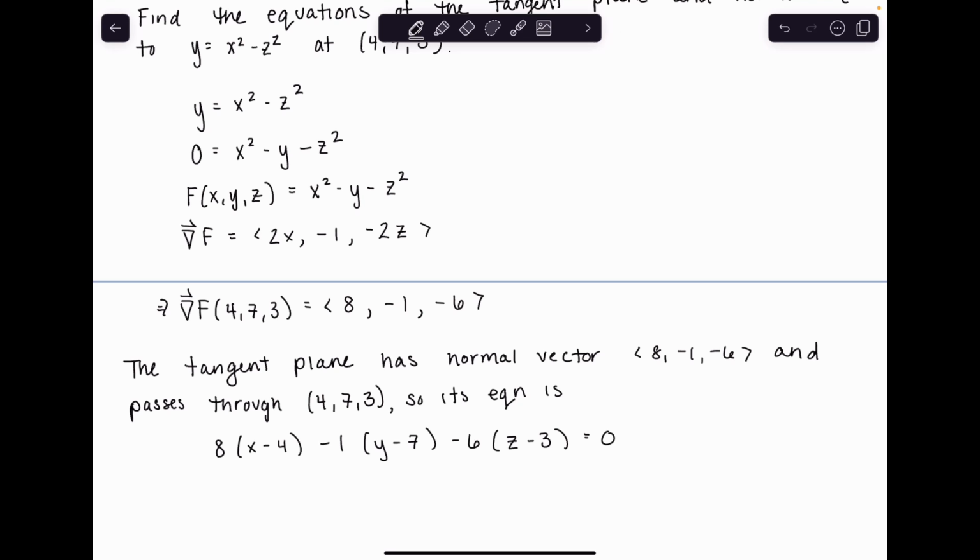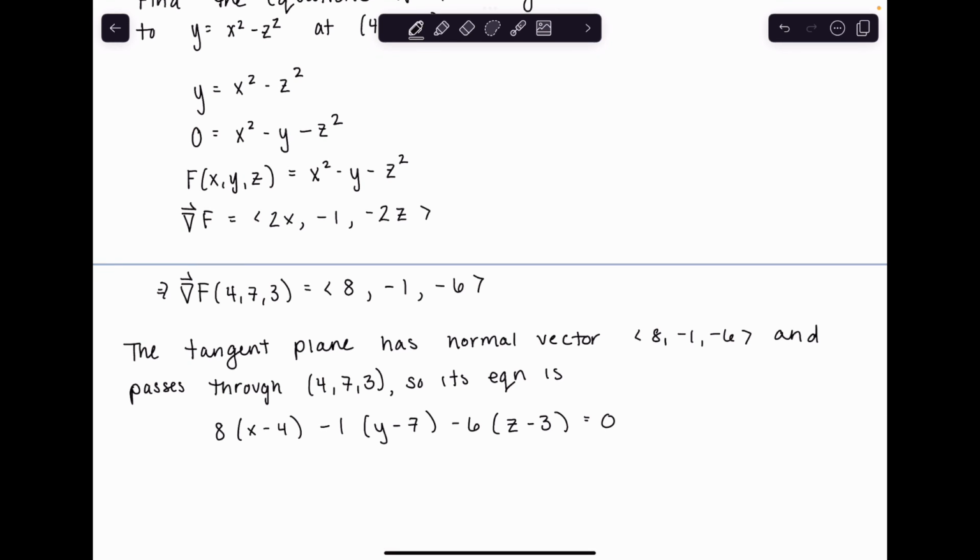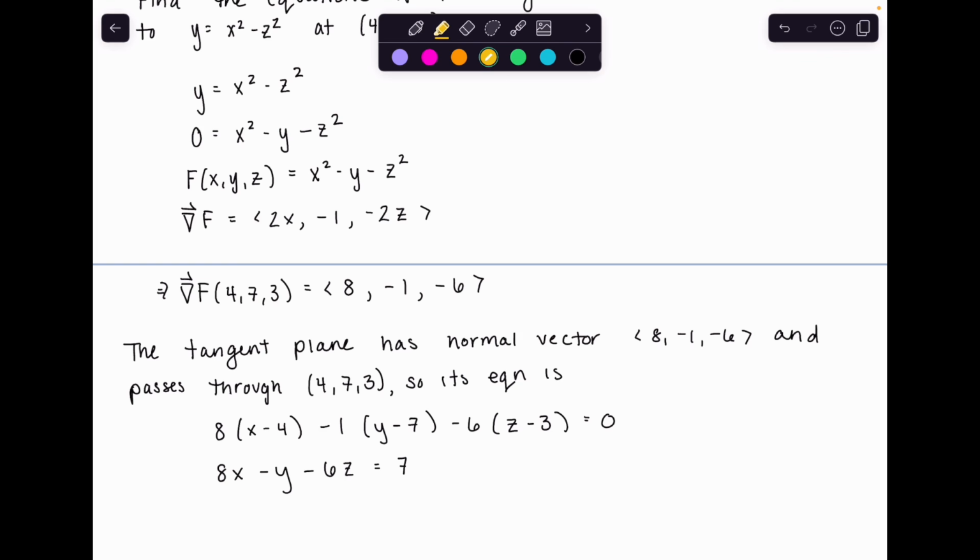And that equals 0. Okay. And then you could absolutely go ahead, distribute all these values, rearrange it, put the constant on one side. If you do that, you would have 8x minus y minus 6z, and all of the constants would move to the other side as 7. Okay. So this is the tangent plane.